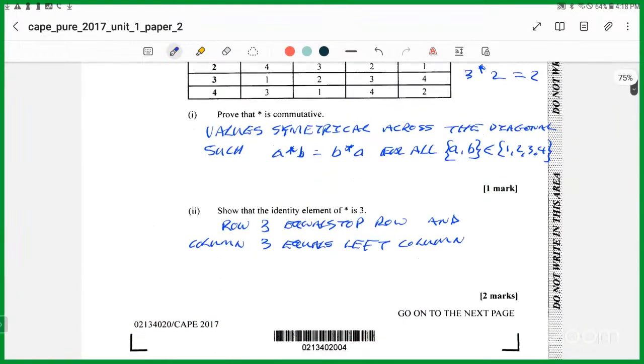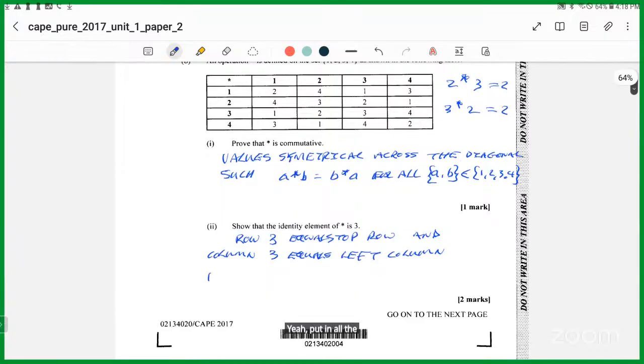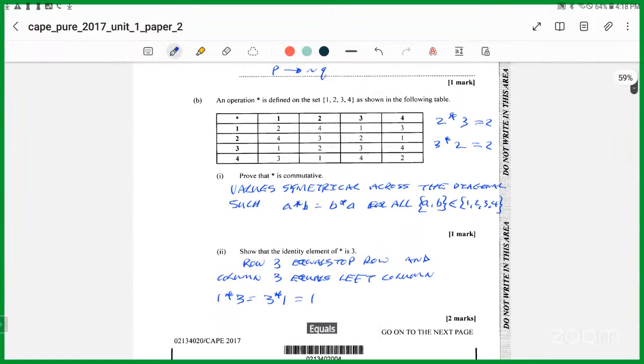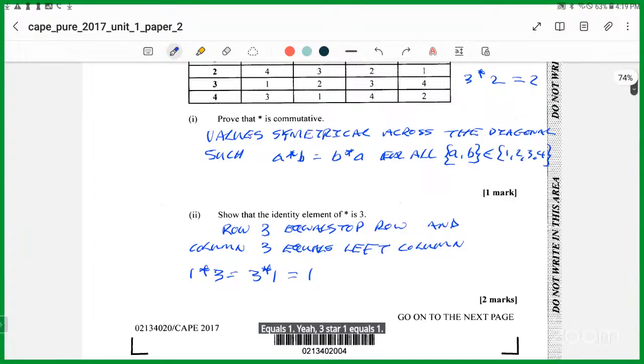And you can put in all the pairs, right? You can say 1 star 3 equals 3 star 1 equals 1, right? See there? 3 star 1 equals 1. And do it for all the pairs, all of them. Then 2 star 3 equals 3 star 2 equals 2.